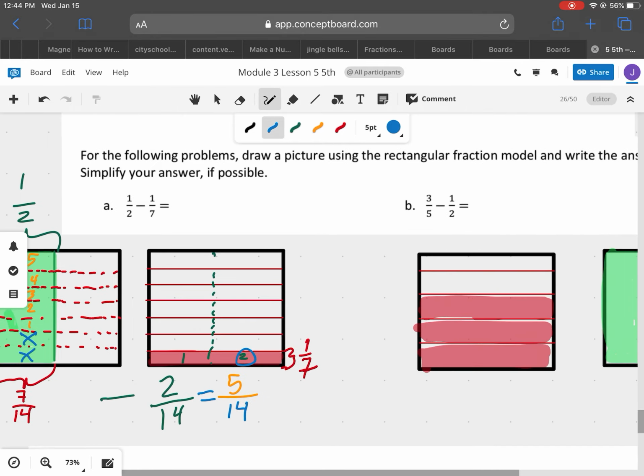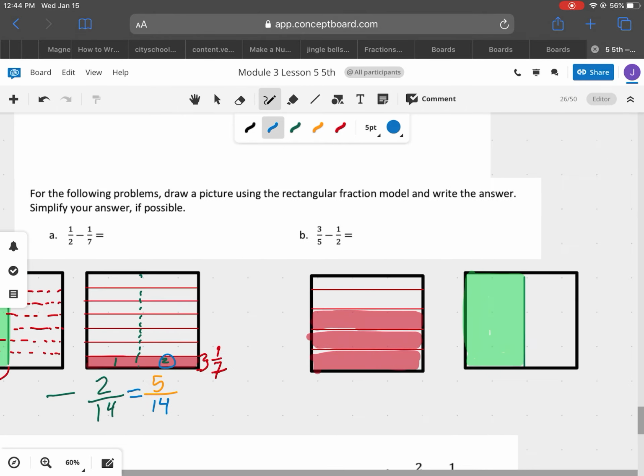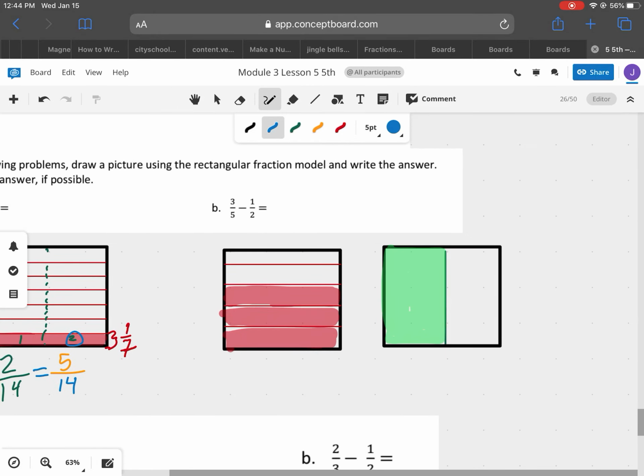Okay, now let's go over here where there's no unit fraction. We're going to do the same thing. I'm going to actually cut this first one, which is showing 3 shaded sections out of the 5 total. And over here I have 1/2.